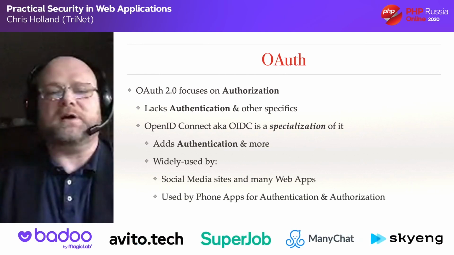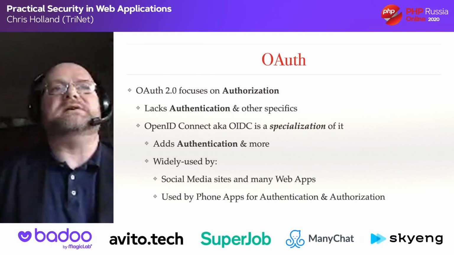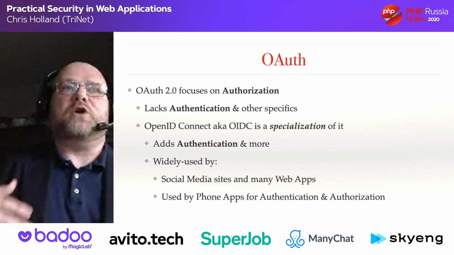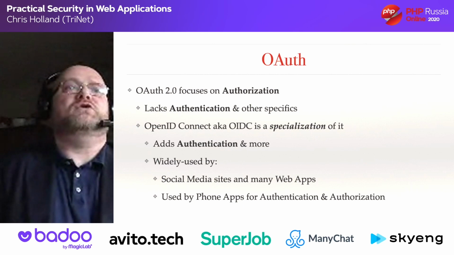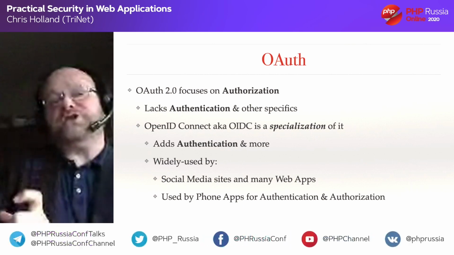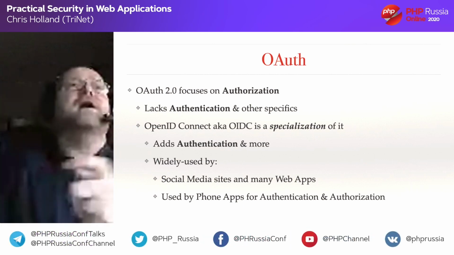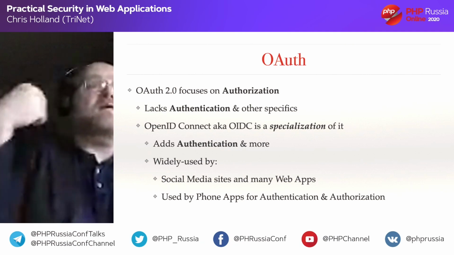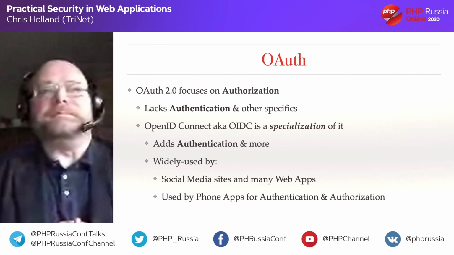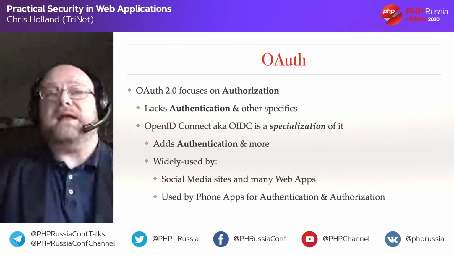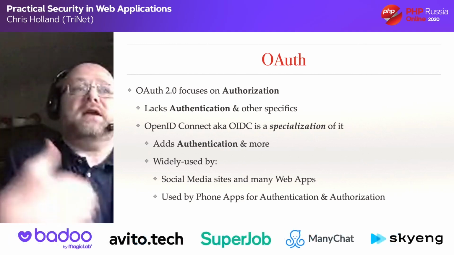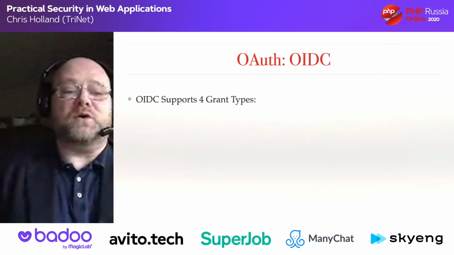This is important because we're all building web applications, and at some point we'd like to create a phone app which interacts with an API for our web application. And that's the point at which we may be interested in adding OpenID Connect capability into our application. That's why I like OIDC.